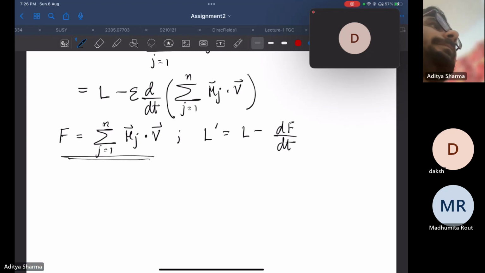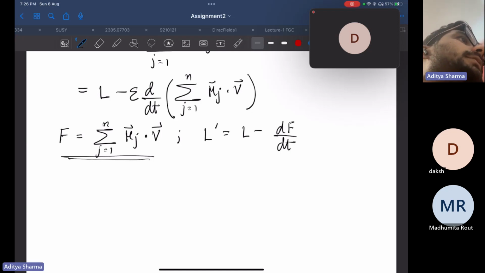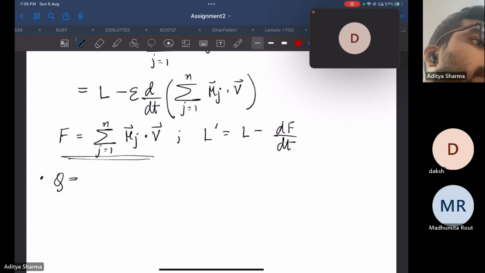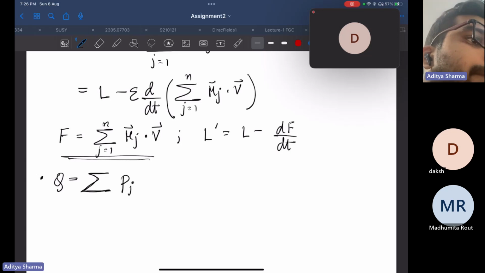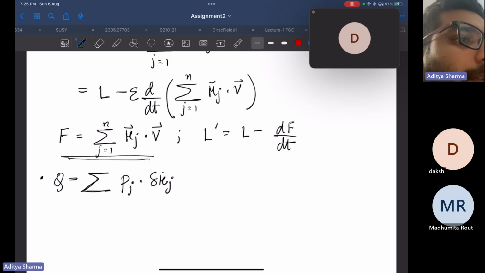Therefore, what we'll have is the conserved quantity, which is the summation over j of p_j dot delta r_j minus f.